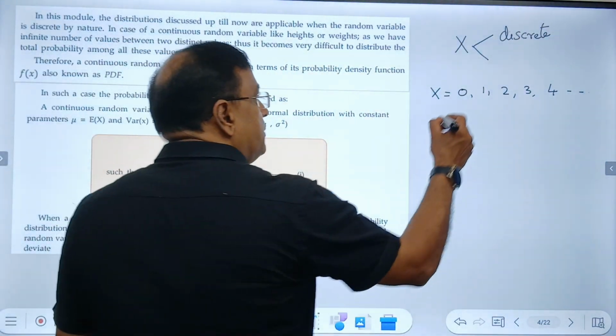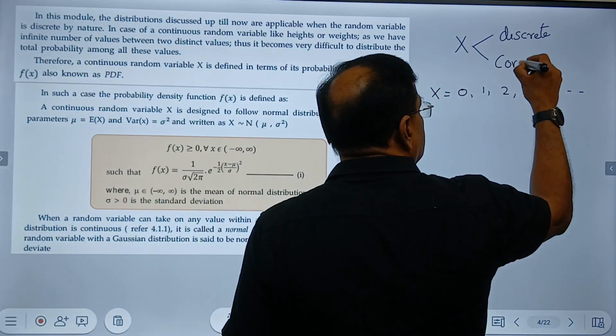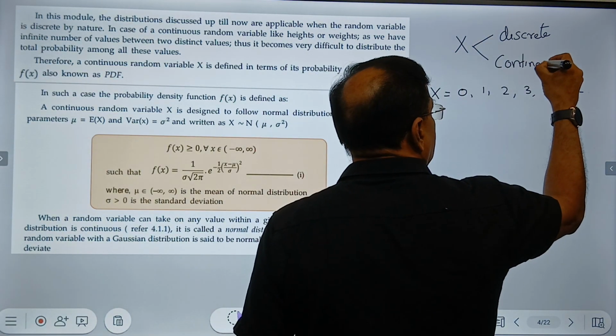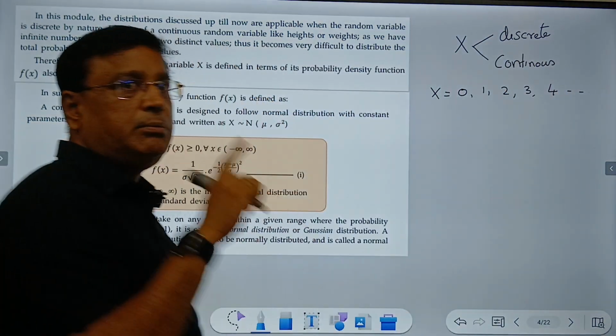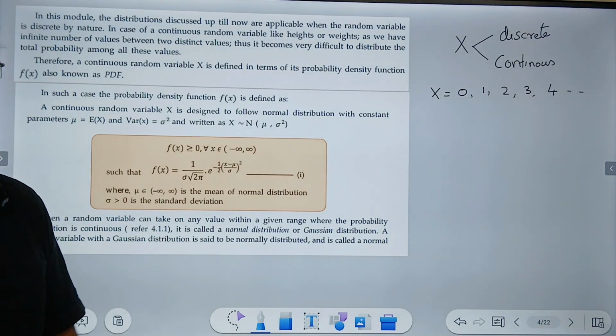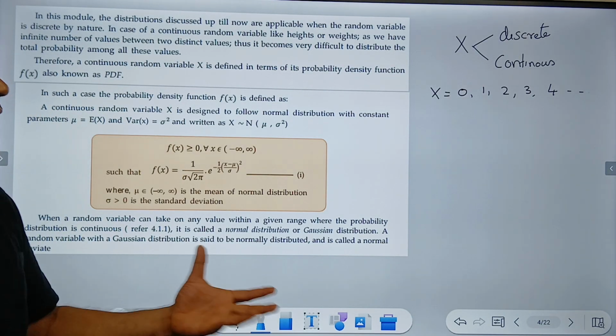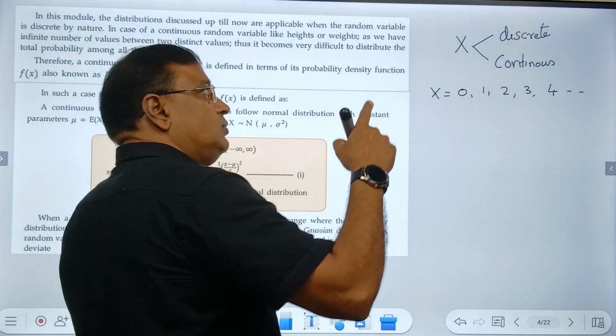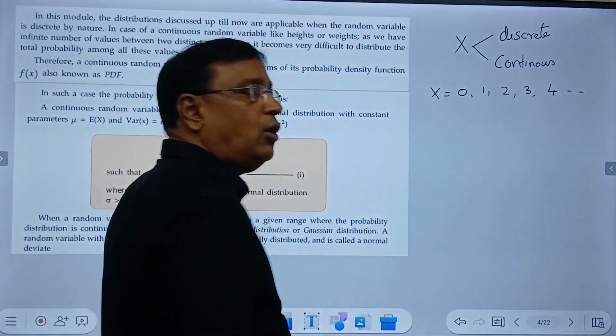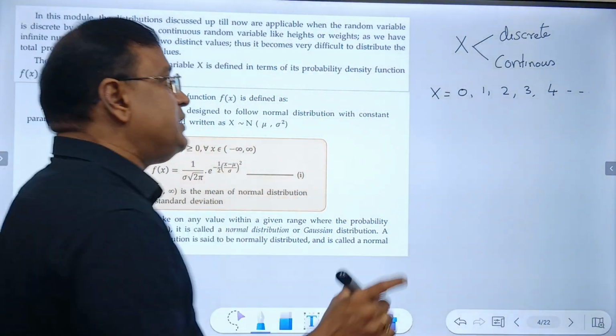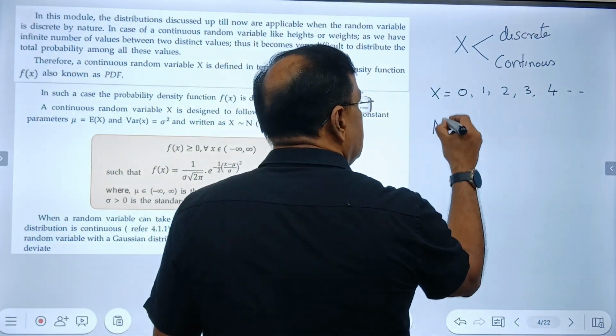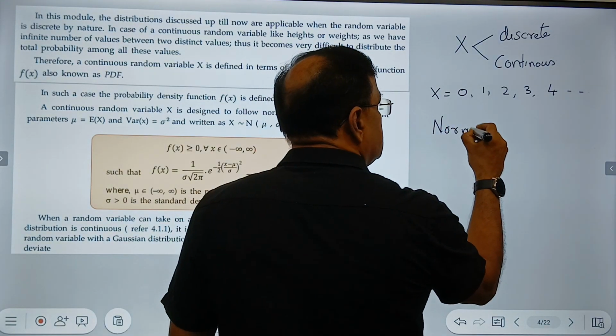If the random variable x is continuous, then you cannot do Poisson or binomial. It has to be categorized under normal distribution.